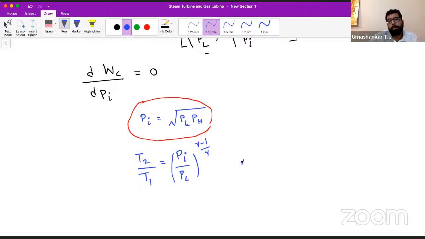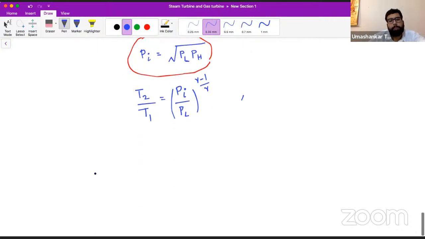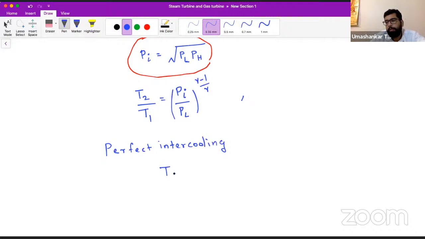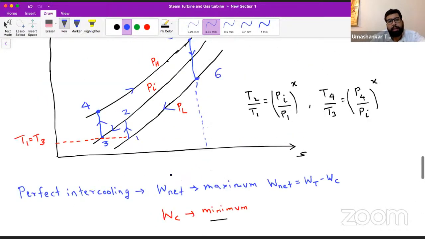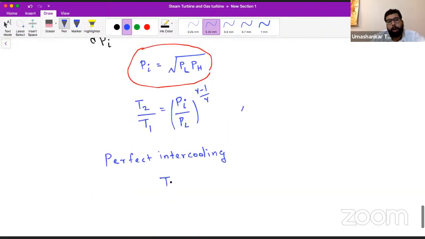So in case of perfect intercooling, T2 by T1, let us place the value of Pi.